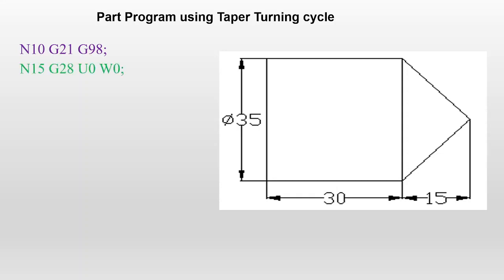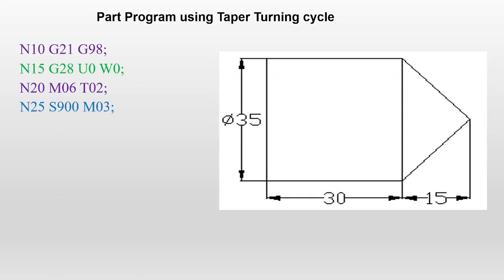Then it goes to the home position with G28 U0 W0, and the tool is sent to the home position. Then you can select the tool for the operation you want. Here the tool is T02 and M06 indicates the change of the tool.